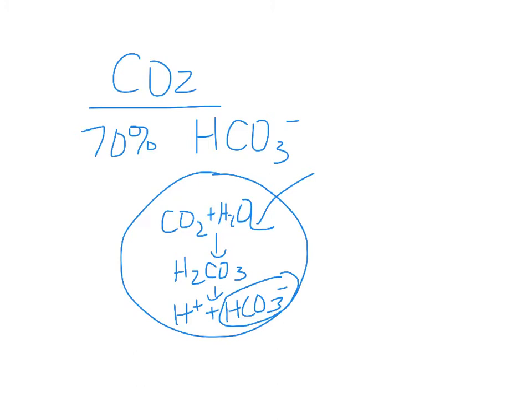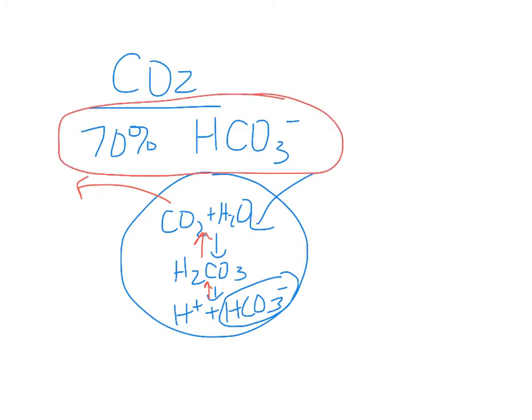This hydrogen will combine with the bicarbonate. It'll create carbonic acid. Carbonic acid will break down into carbon dioxide and water, and then you'll breathe out the carbon dioxide. Okay? So it's just a reaction that goes back and forth. That is 70% of how carbon dioxide is carried, right?